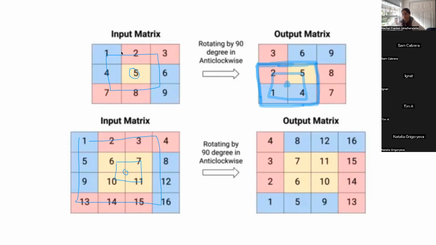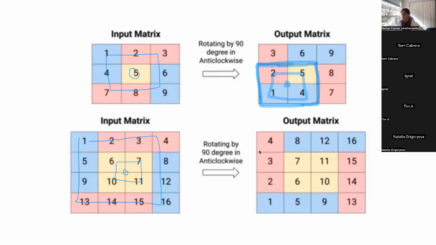It's 1 layer to get to the center. For a 6 by 6 matrix, how many layers are there? 3, exactly. It's width divided by 2.